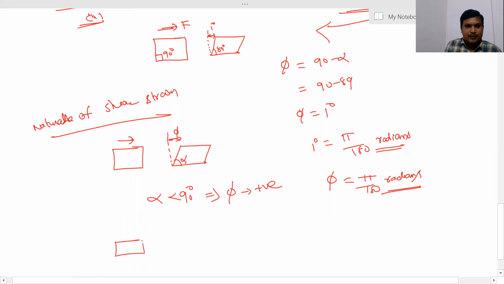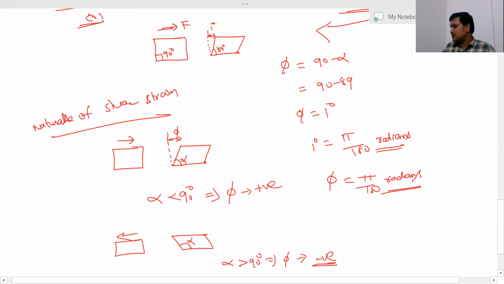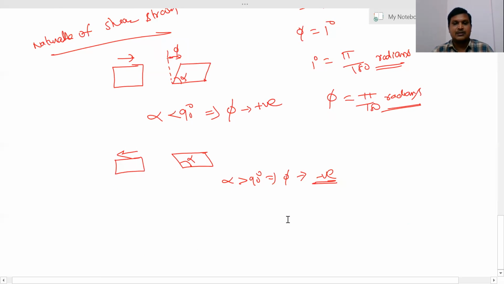For example, if you apply the force like this, is it clear? This is alpha here. If alpha is greater than 90 degrees, the shear strain will be negative. So this is the nature of shear strain.